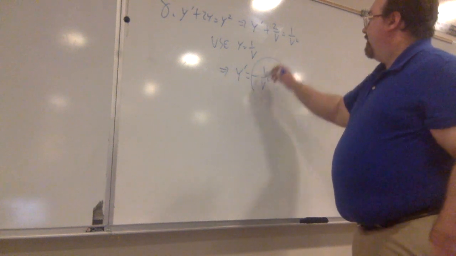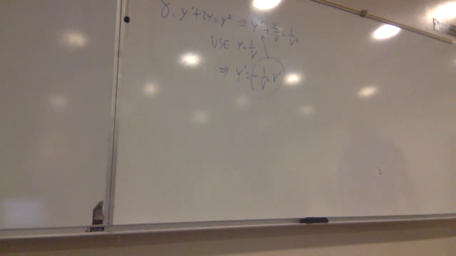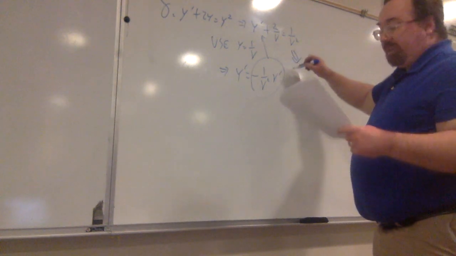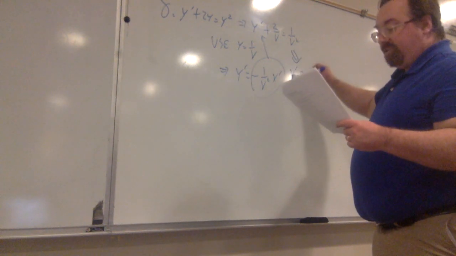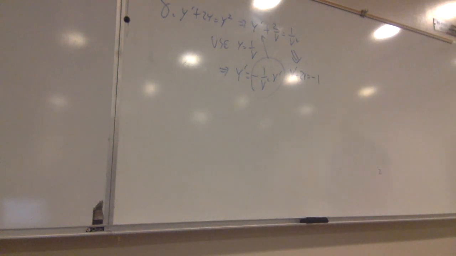So that is what goes in there. And then you have all these v's in the denominator. So if you multiply both sides by v squared, then what you get is v prime minus 2v is equal to minus 1.